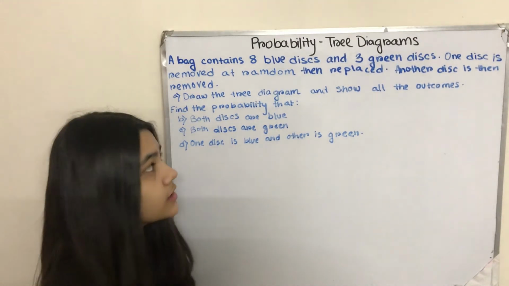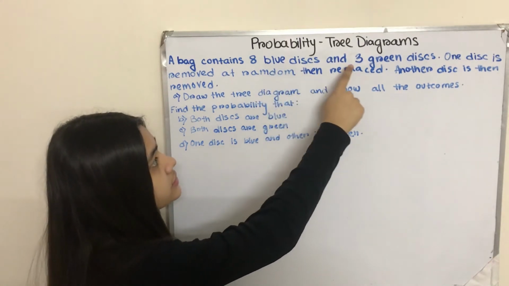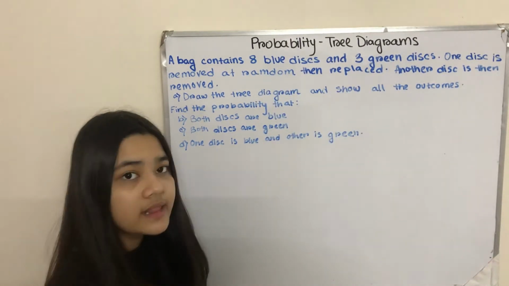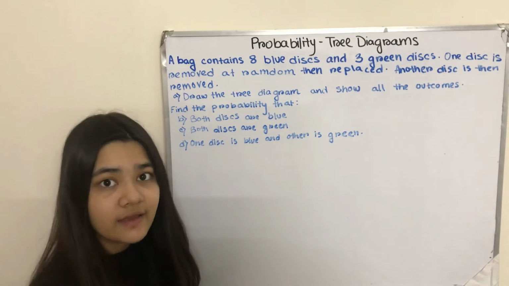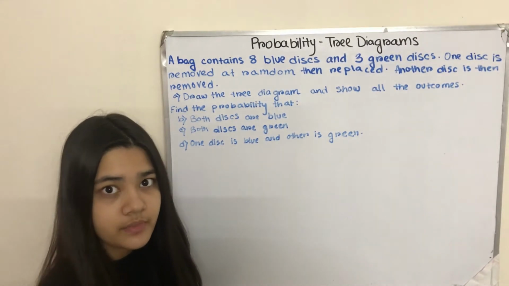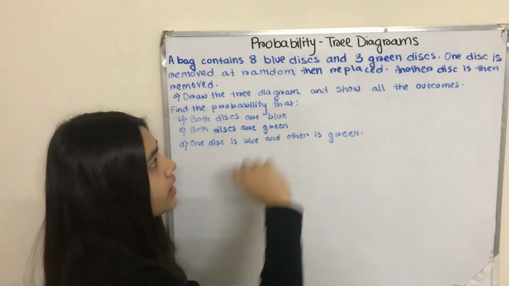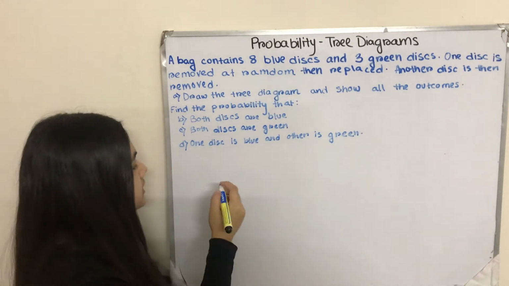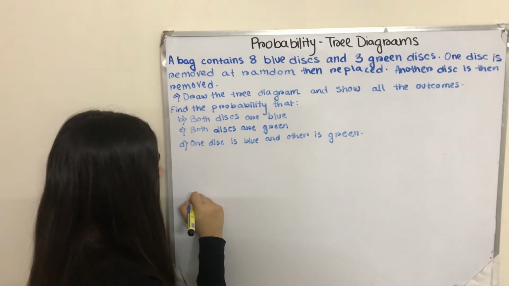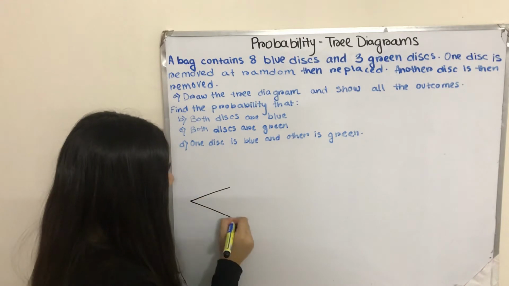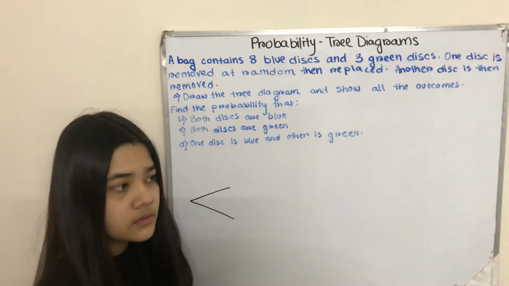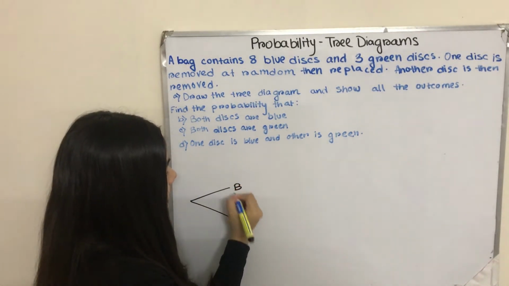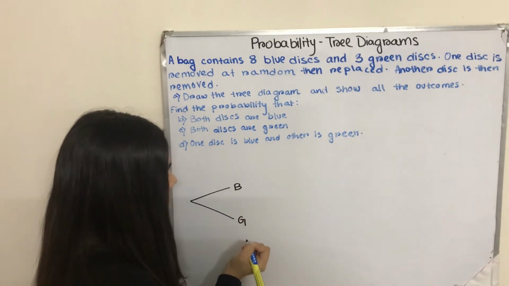So here there are 8 blue discs and 3 green discs. That means there are 11 discs in total. And there are 2 options. So the tree diagram will have 2 options in the first round, blue and green.